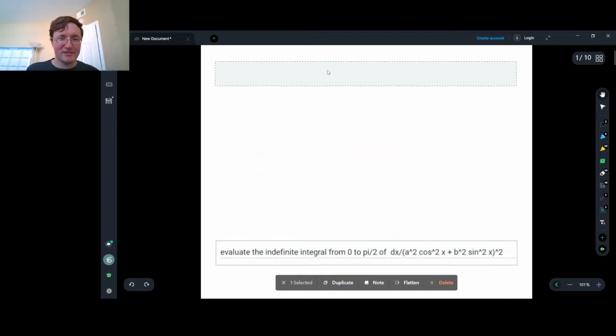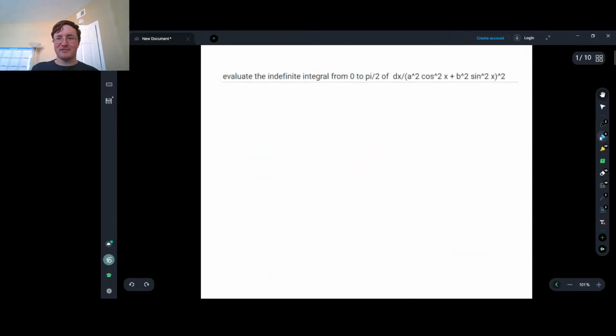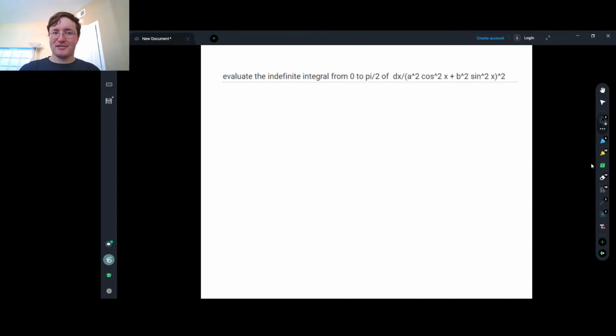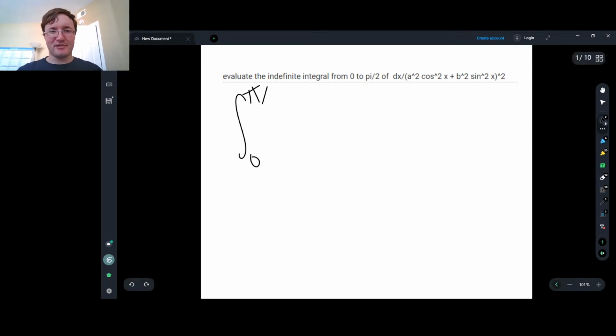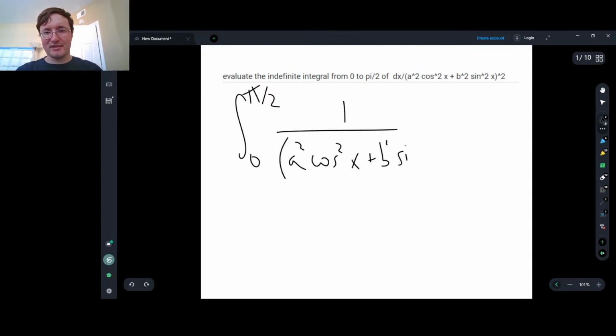It's 0 to pi over 2 of 1 over (a squared cosine squared x plus b squared sine squared x) all squared.